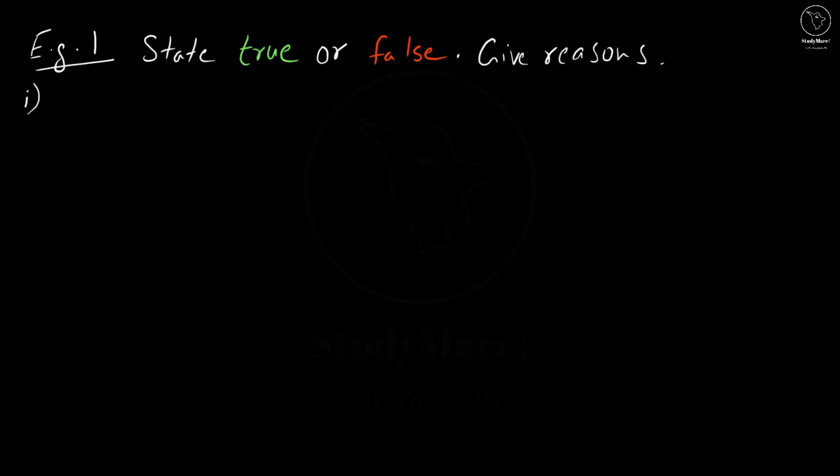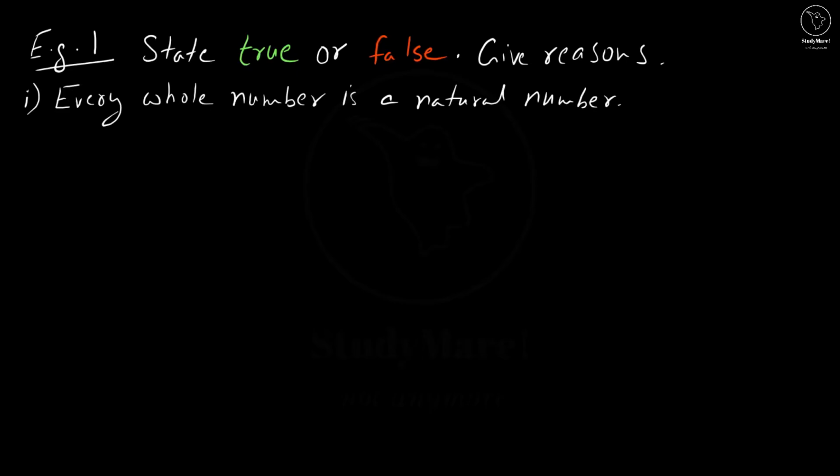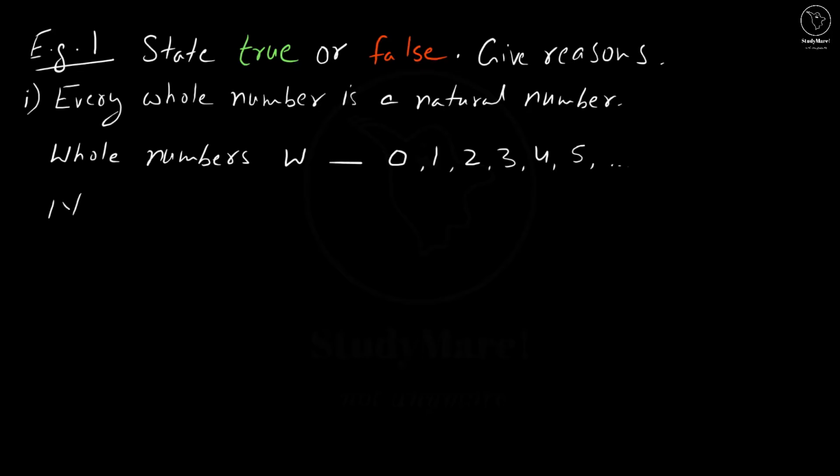First section of first example states that every whole number is a natural number. Now, if you understood what we learned in the beginning of this session, you know that whole number W starts with 0 and goes on like 1, 2, 3, 4, 5 and so on. Similarly, the natural numbers N start with 1 and go on like 2, 3, 4, 5 and so on.